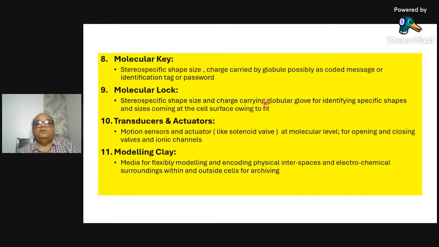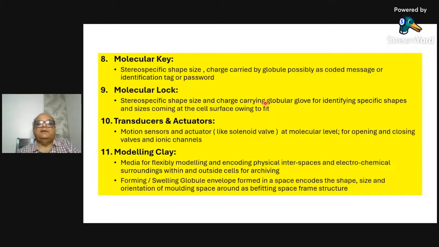Okay. So you just assume that a new molecule is getting extruded, a linear molecule. It will go, it will build, it will go and hit some wall or some structure. Then it will be forced to bend. Then it will grow in a different direction and again hit something. Then again it will bend and go. Like that, it will form a globule whose envelope will represent the cavity that is there, right?